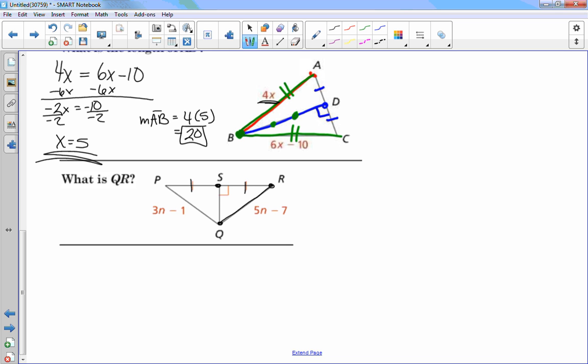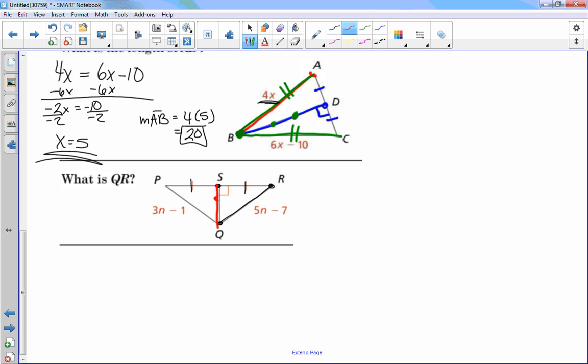So what is S? SQ is a bisector, so S is a midpoint. So QS has to be a bisector, but it's a special type of bisector. What type of bisector is it? Because of a 90-degree angle, we can use the perpendicular bisector theorem.